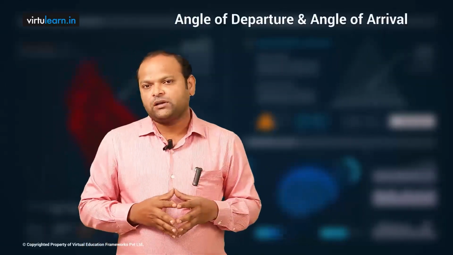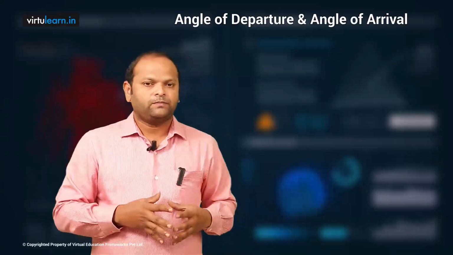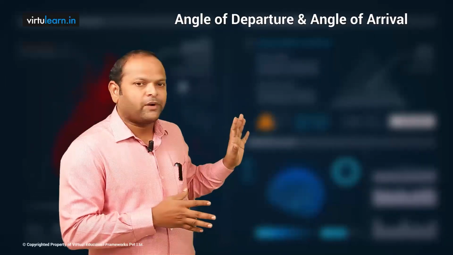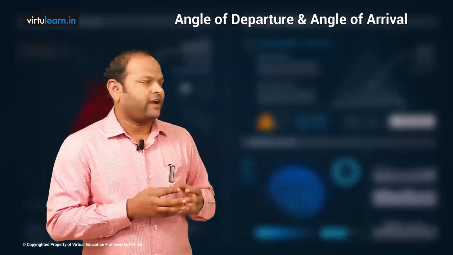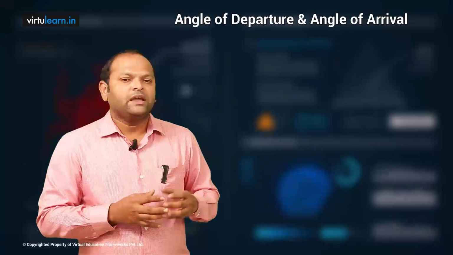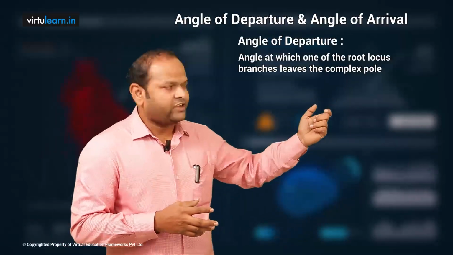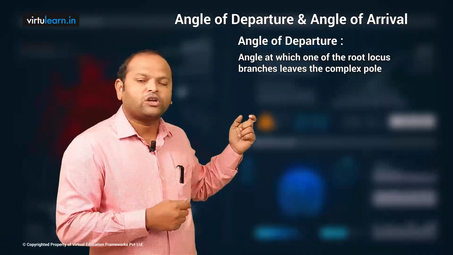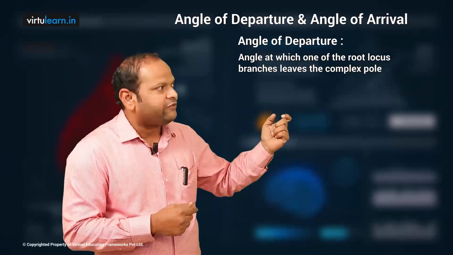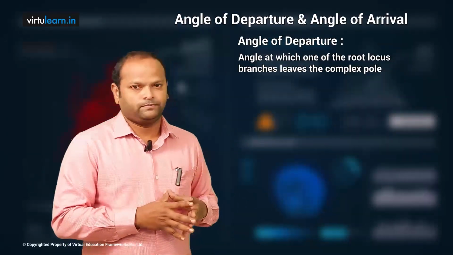Next, we have another important rule, that is angle of departure and angle of arrival. So what is this angle of departure and angle of arrival? First we will define angle of departure. It is the angle at which one of the root locus branches leaves the complex pole.